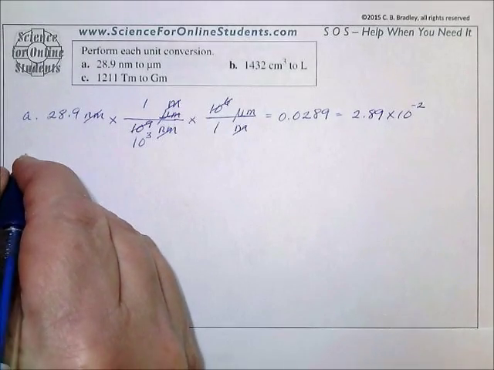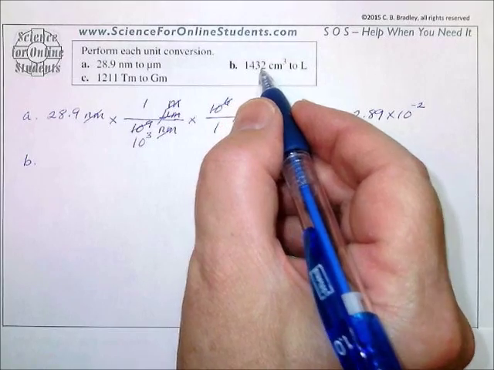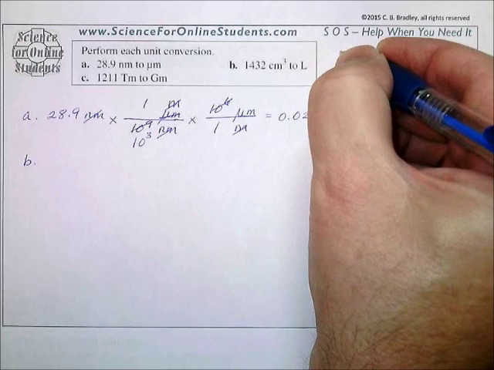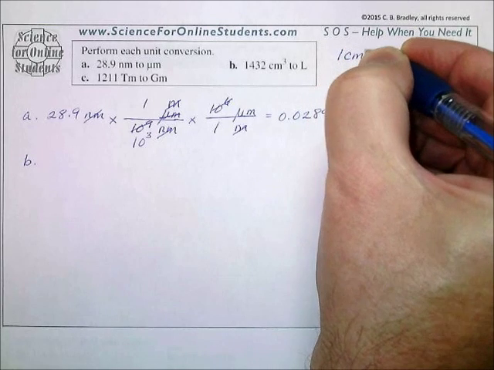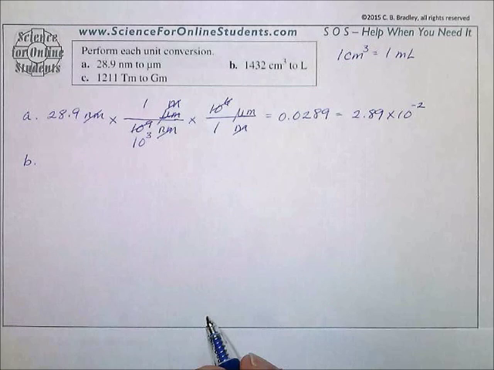Okay, B. 1432 cubic centimeters to liters. Now we have to remember that 1 cubic centimeter is equal to 1 milliliter.